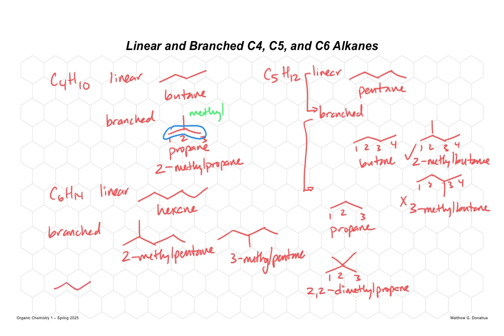There's 4 carbons. We can put 2 of them on carbon 2. So 2,2-dimethylbutane. So 2,3-dimethylbutane.